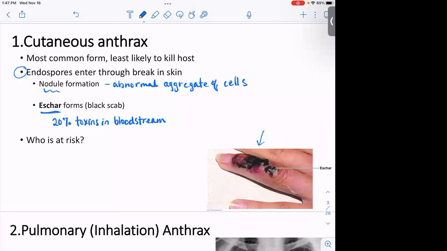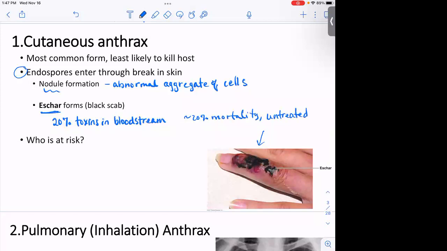So about 20% mortality untreated, at the most. And usually that black scab is a little bit unusual. Hopefully, even though it's painless, people would seek treatment for that. And with treatment, less than 1% mortality. So again, that's the kind to get.